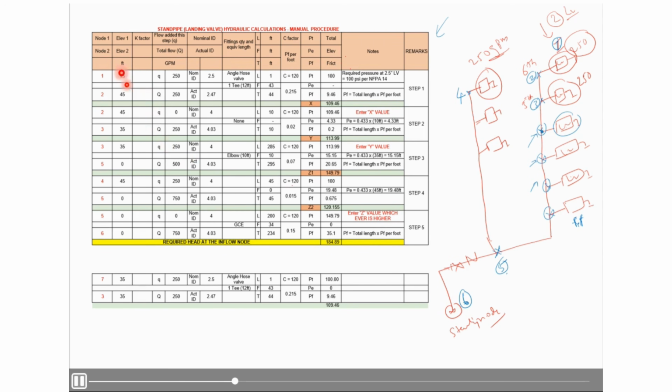So here we have elevation. I did not tell you about the elevation. See, for example, this is node 0. So 0 elevation will be the starting reference. The last landing valve is at 45 feet from the 0 reference.